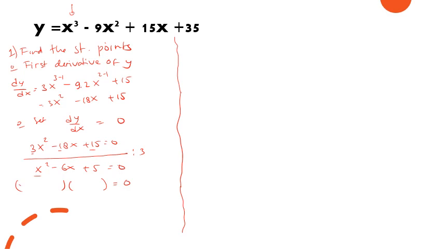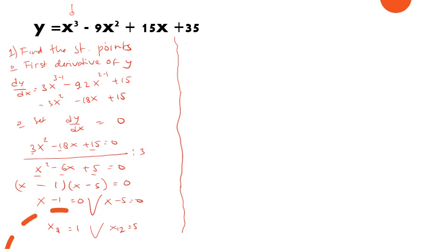See the left, x squared is x times x, plus 5 can be plus 5 times 1, or minus 1 minus 5. In the middle here it's minus 6, so 1 plus 5 is 6, then it should be minus, so it becomes minus 6x. Now this is x minus 1 equal to 0, and x minus 5 equal to 0. So we have two stationary points, x1 is 1, and x2 is 5.